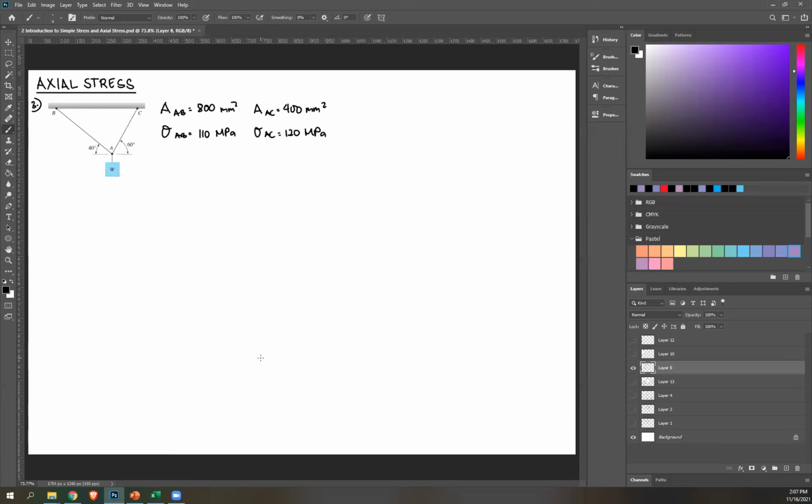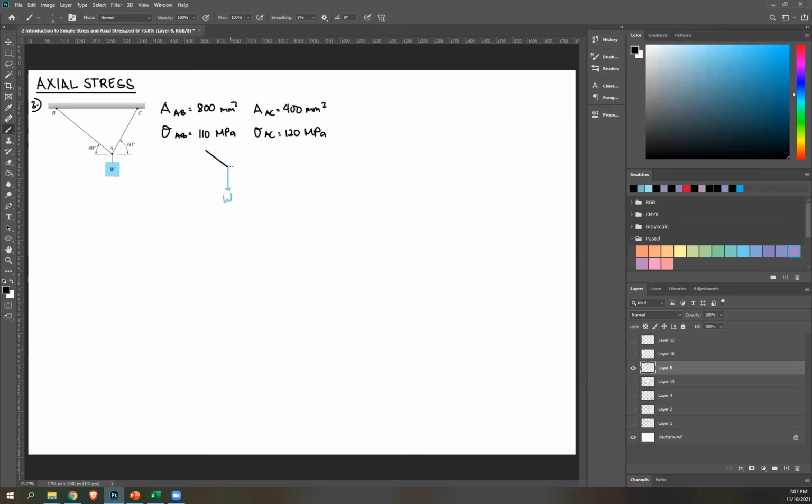All right, so let's solve it that way. AB and AC share the load. Now we have to know how much of that load each cable is carrying, and to solve for that, we use equilibrium equations. Let's draw the free body diagram first. You have the weight downward, which is what we're looking for, and then we have your cables.